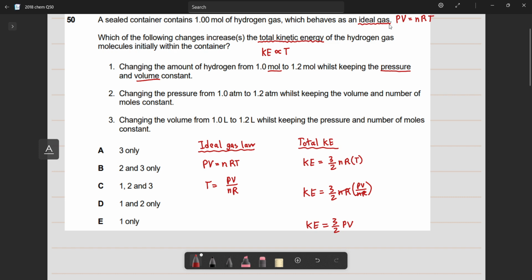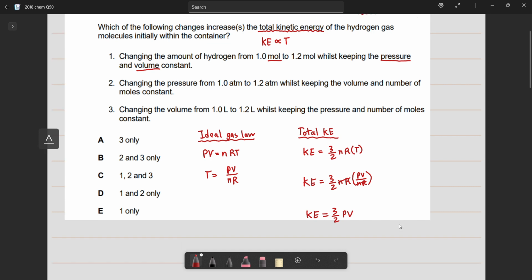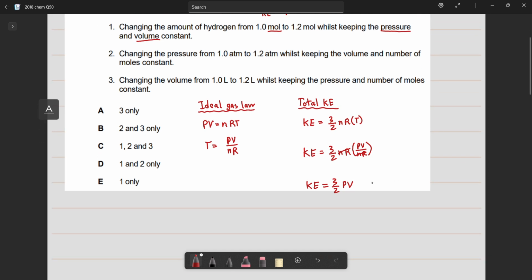Now I can directly implement this expression into my question, since throughout the statements they only mention pressure, volume, and moles.